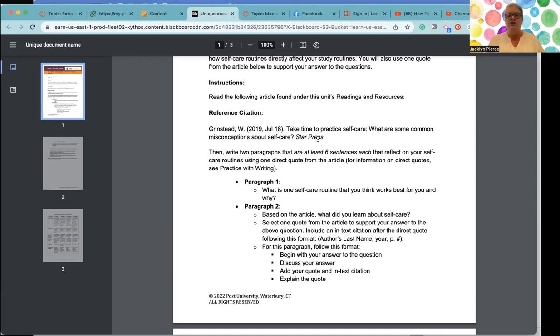And there is information on direct quotes and using those in the lessons. So again, this sheet will tell you everything that's required of the assignment, but some of the things that you need to know to finish the assignment were included in what you were supposed to read and do and watch. So if you're not doing that, you're going to have a hard time. All right, paragraph 1.